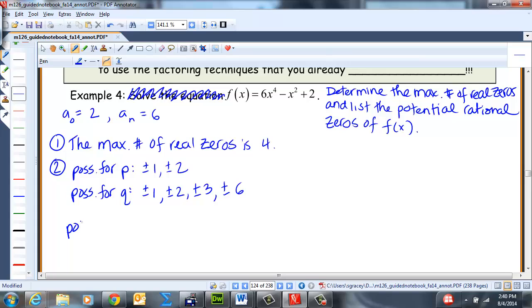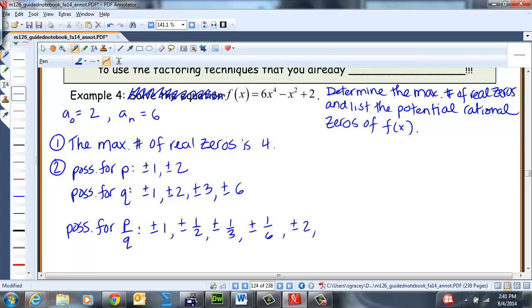So the possibilities for p over q will be, so we'll put the 1 through first, and we'll get plus or minus 1, and we'll divide through by all the possibilities for q: plus or minus a half, plus or minus a third, and plus or minus 1/6. And then when we divide the plus or minus 2 by the possibilities for q, we'll have plus or minus 2.